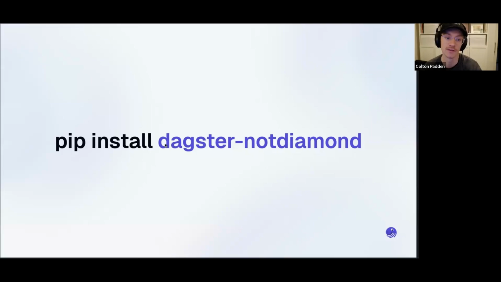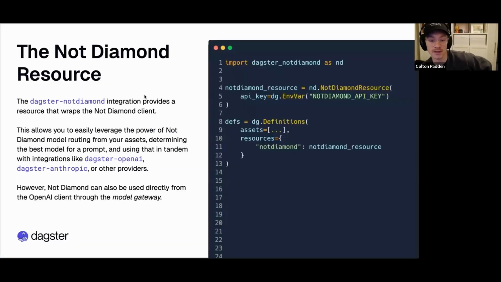To get started, all you have to do is pip install dagster-notdiamond. And this is how you interface with it. Here we are just creating a NotDiamond resource. In the NotDiamond web UI, you'll have to create an API key and set that as an environment variable. And then you just register it in your Dagster definitions.